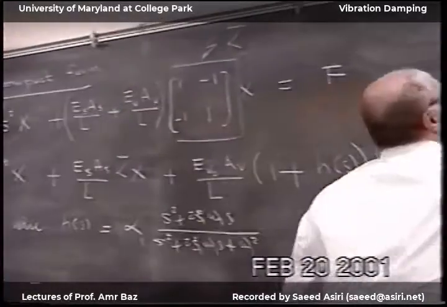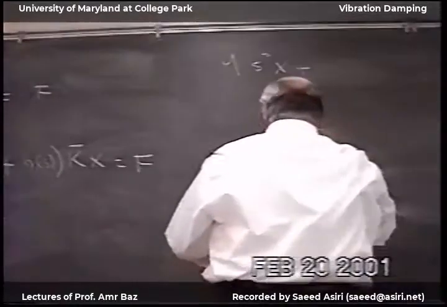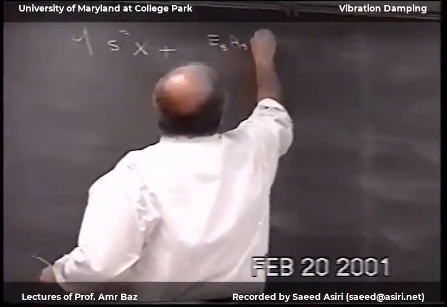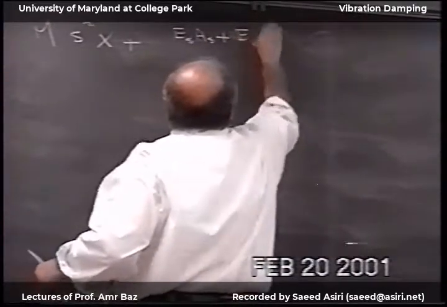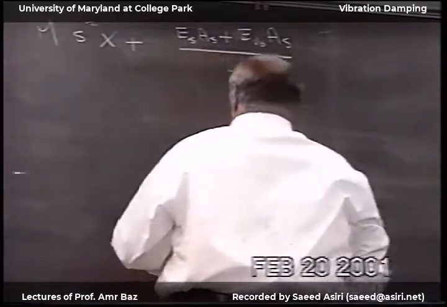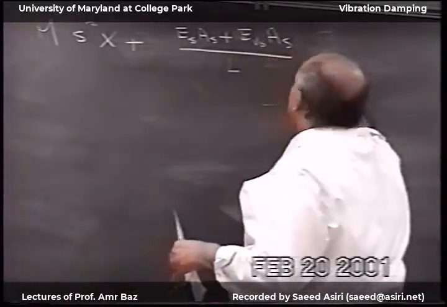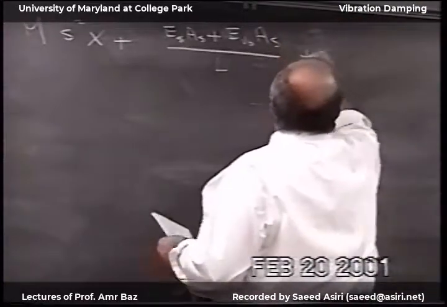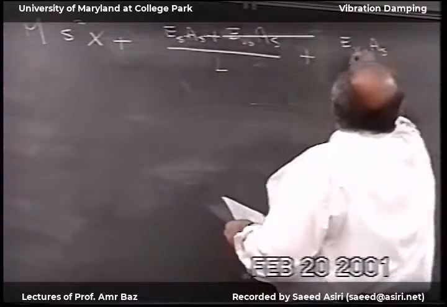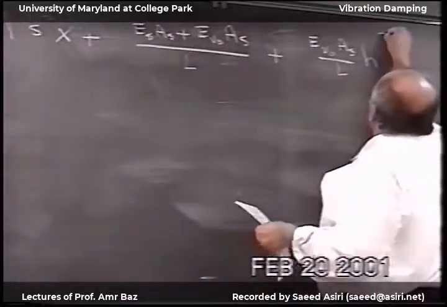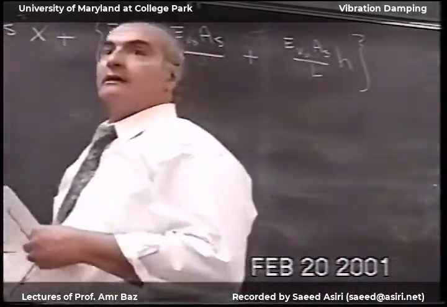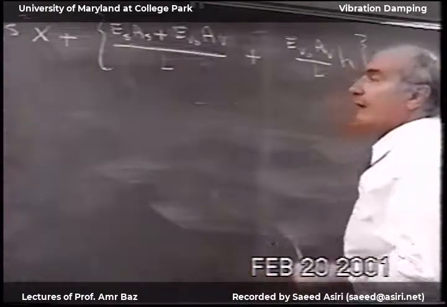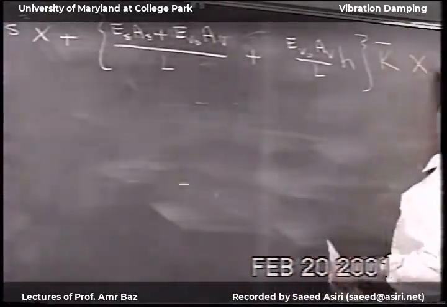So now we have m s squared x plus E S A E V0 A S over L plus E S over L, okay, plus E V0 A S over L and H, A V over A V. And then we have K bar x is equal to F.